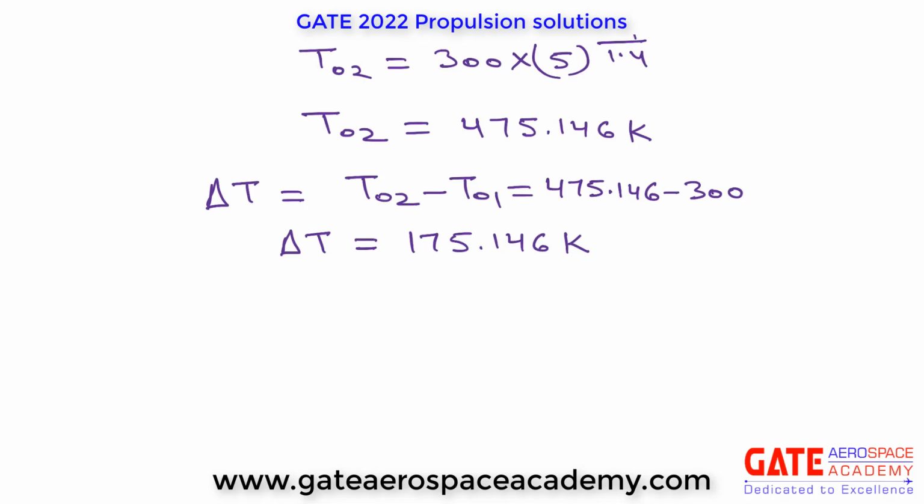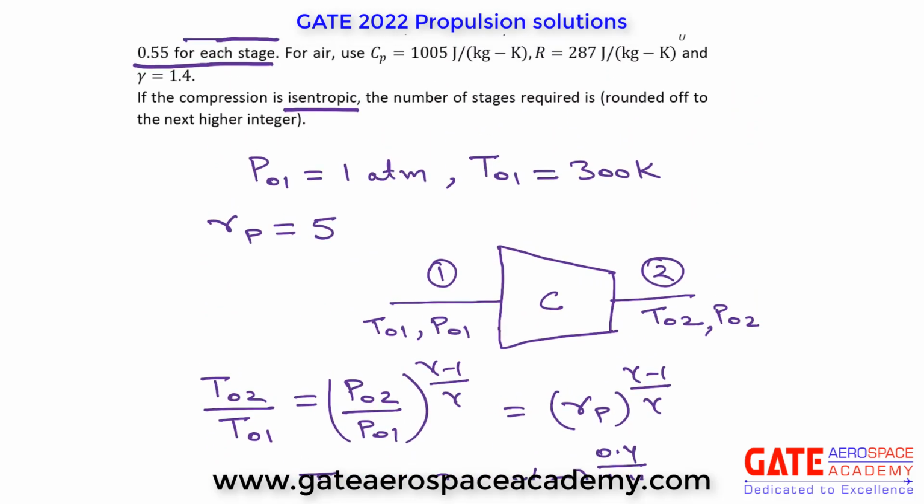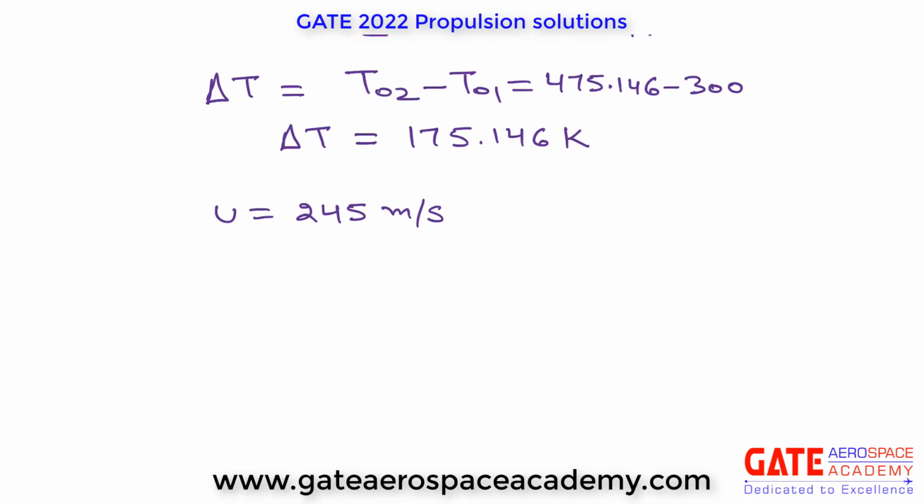Now let's find out what is delta T for one stage. So they have given delta C theta by U is 0.55 and U is equal to 245 meter per second. Delta C theta by U is equal to 0.55.